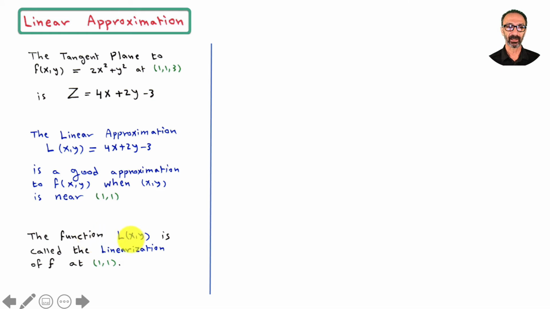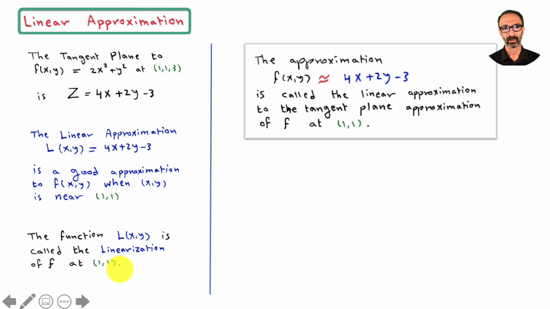The function L is called the linearization of f at that particular point, 1, 1. The approximation between the original f of x, y and the new linear expression is called the linear approximation, or the tangent plane approximation of f at 1, 1.